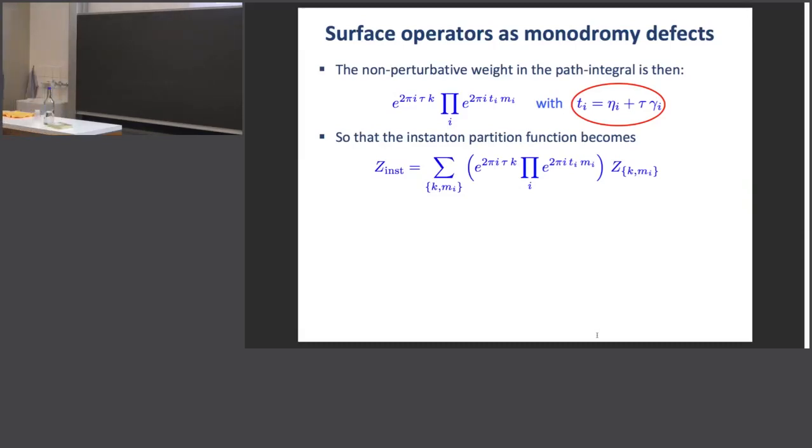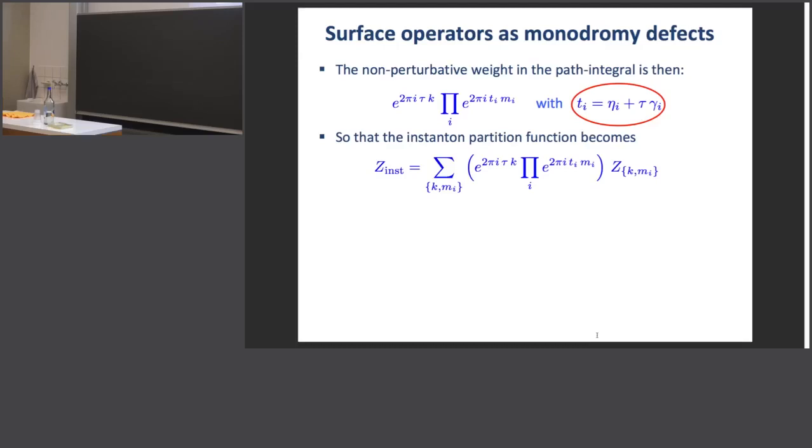You no longer have just one weight, the instanton factor, but you actually have m weights. Here you have one for each of the groups, but then you take into account the overall SU(N) condition, so you have m minus 1 plus 1.